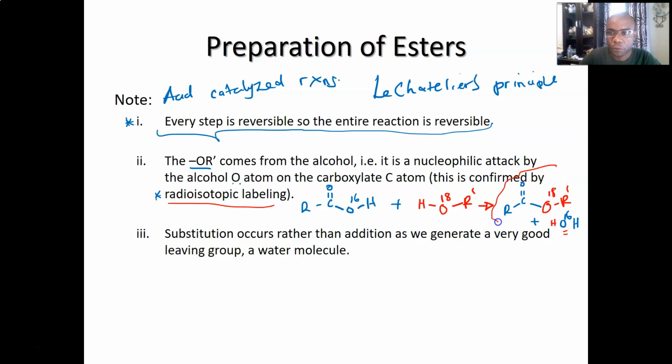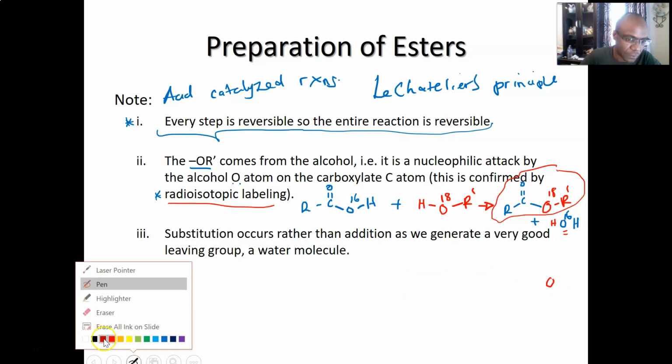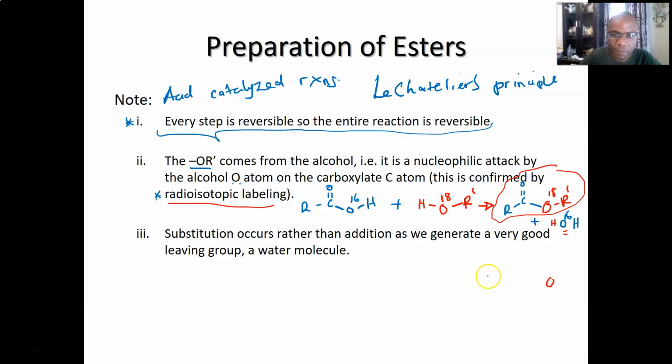So you see, if you do the formula mass of this, it's going to be 2 units more than when you would have thought that you're keeping your oxygen 16 and the R prime group. This is 2 mass units less than that.